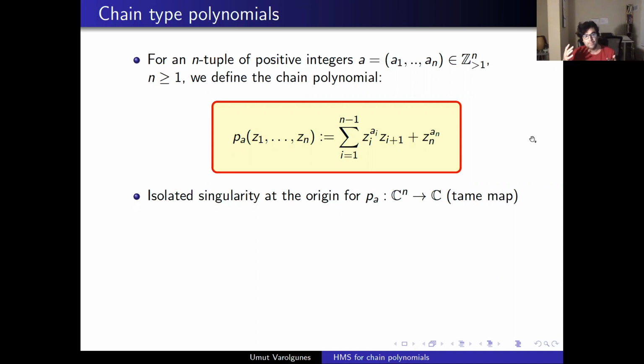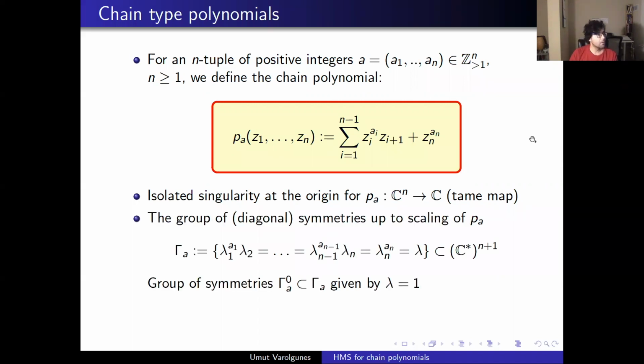The Milnor fiber is just the same. I can just work with the entire regular fiber of this map PA. So all the fibers except 0 are regular for now, but I'm going to perturb it, so that's going to change later. Okay.